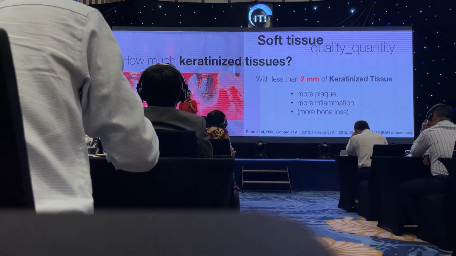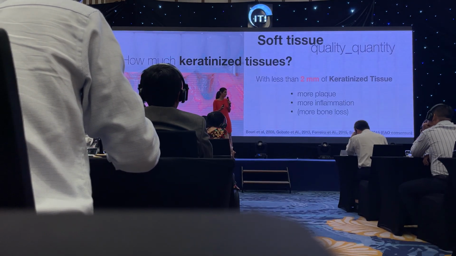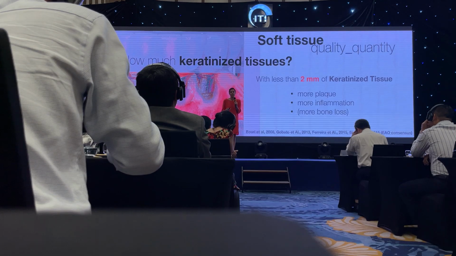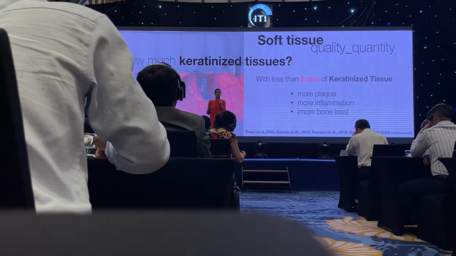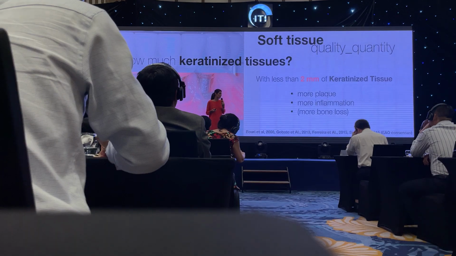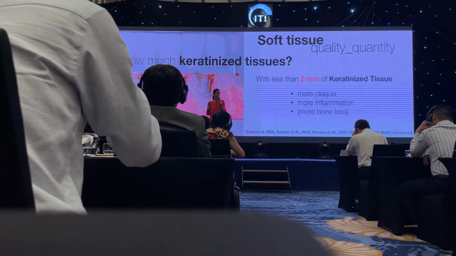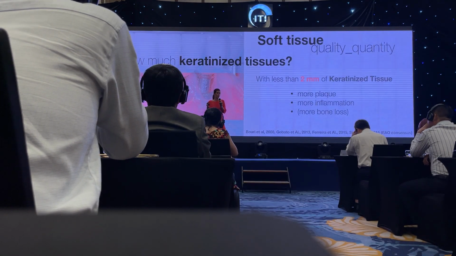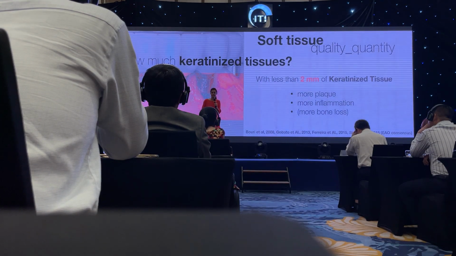So a little bit like around natural teeth, I would recommend, and now I think this is pretty much accepted in our community, that the ideal is to have at least 2 millimeters of keratinized tissue on each side of the implant. Meaning that we would need, from the beginning, like 4 millimeters to have 2 on each side, right?